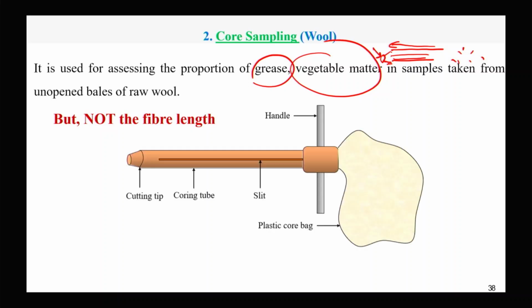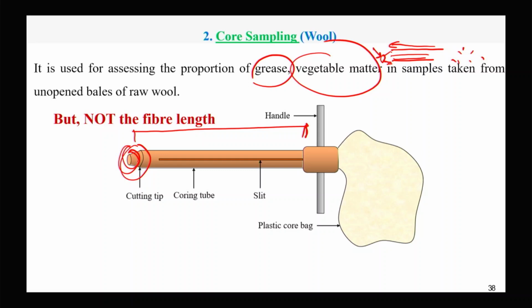Now you can see this is the coring tube, and this is the cutting tip, which is very sharp. When it penetrates inside the bale, the fibers are cut. The length of the coring tube is such that it at least penetrates to the center of the bale, that is half of the length of the bale, so that it collects fiber from the center.